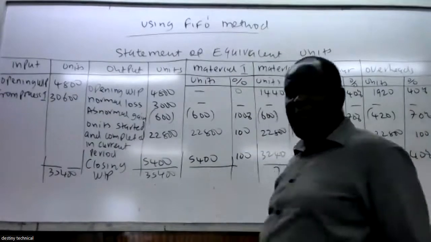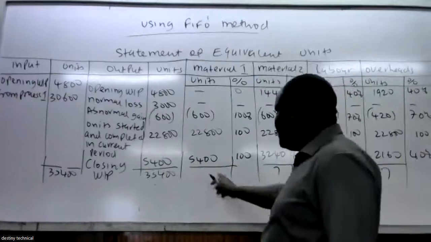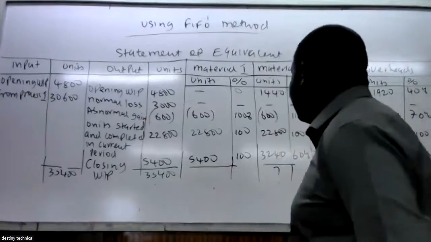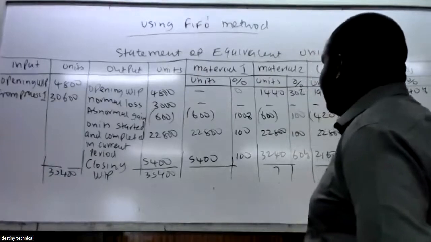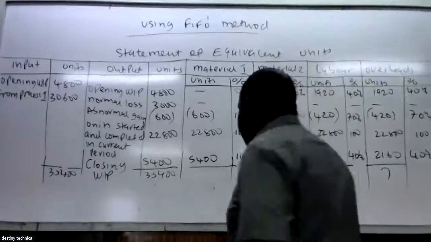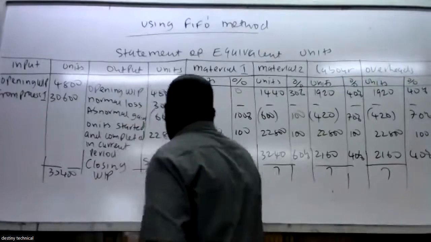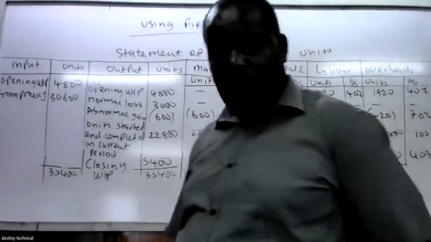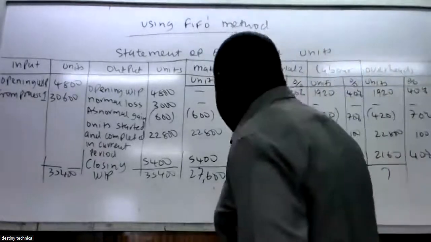How many units has this given you? This particular one, material 1, is giving us 27,600. How about material 2? Material 2 should be 27,880.